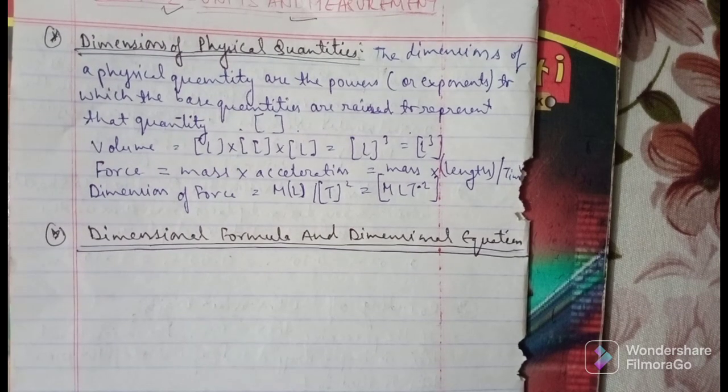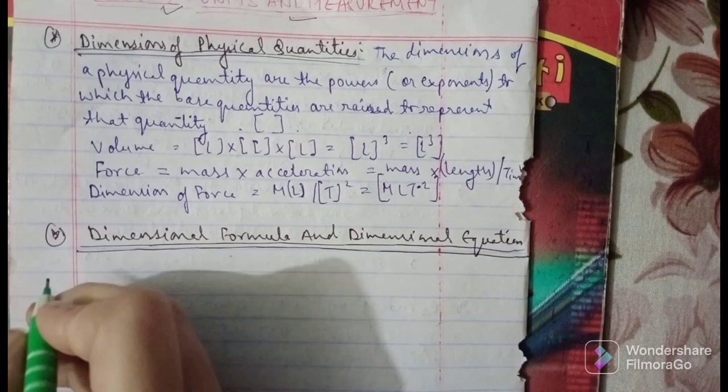An equation obtained by equating a physical quantity with the dimensional formula is called the dimensional equation of the physical quantity. I will write it down for you so that you can copy it and easily learn these things if you are new to it.